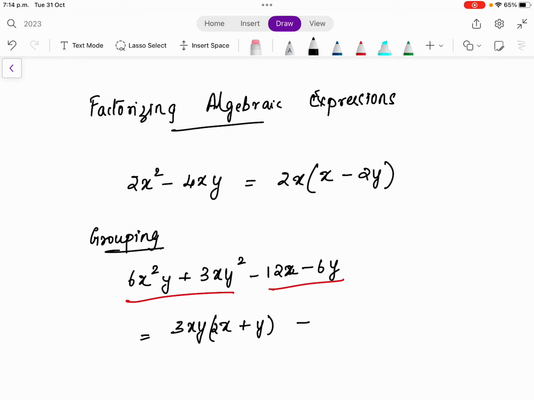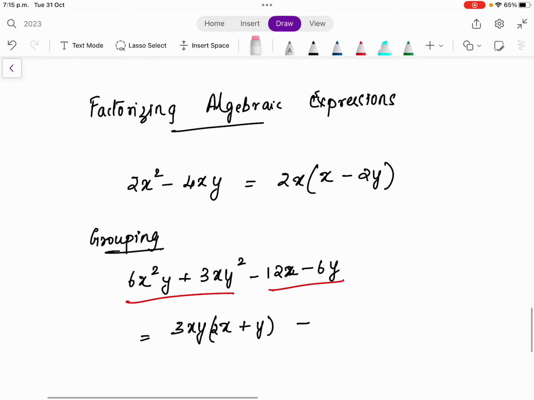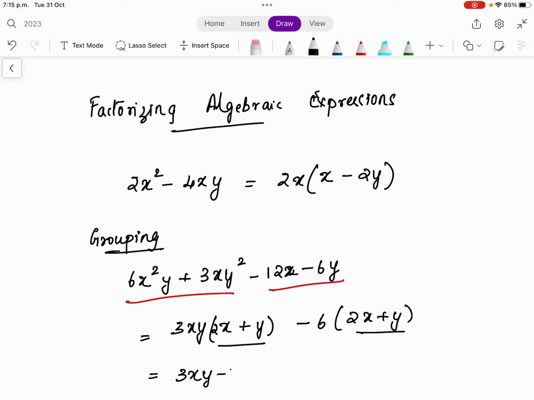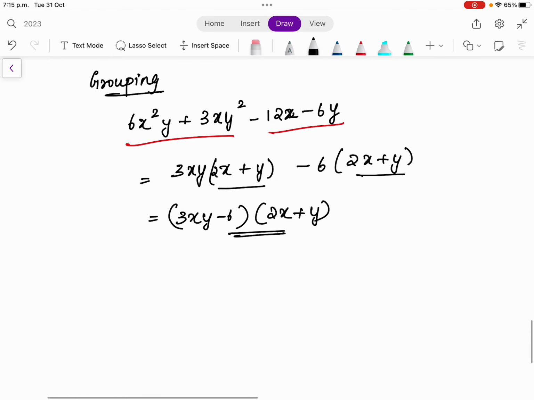And here you can take minus 6 outside, and then you will get 2x plus y. These two are again common, so 3xy minus 6 times 2x plus y. So this is the method of grouping: you group together similar items and then factorize.